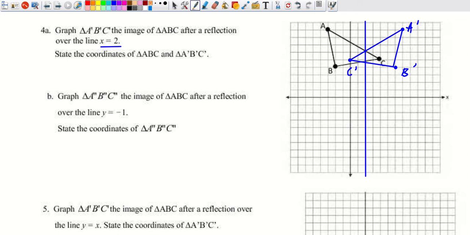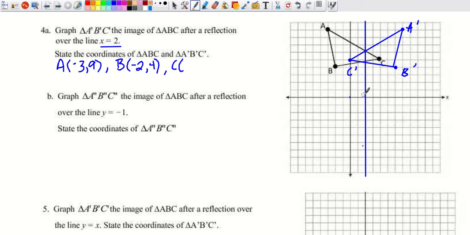So the coordinates again, A has coordinates, looks like (-3, 9). B has coordinates (-2, 4). Remember, we're reading these points back from (0, 0). So I'm always going back here, right?